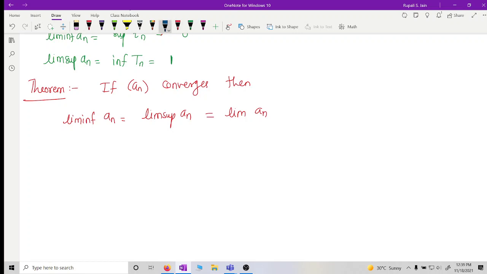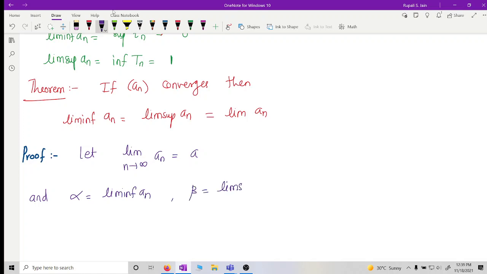Okay, so how will we prove this? With examples we have seen, now we have to prove it by definition. So let the limit as n tends to infinity of xn be equal to, say, a, and say alpha is equal to lim inf of xn and beta is equal to lim sup of xn.